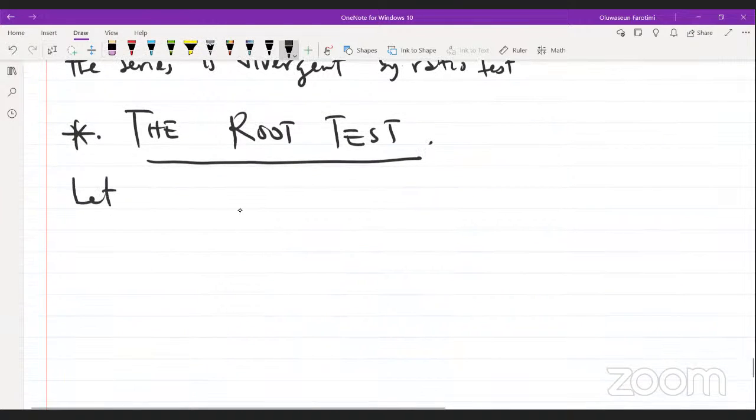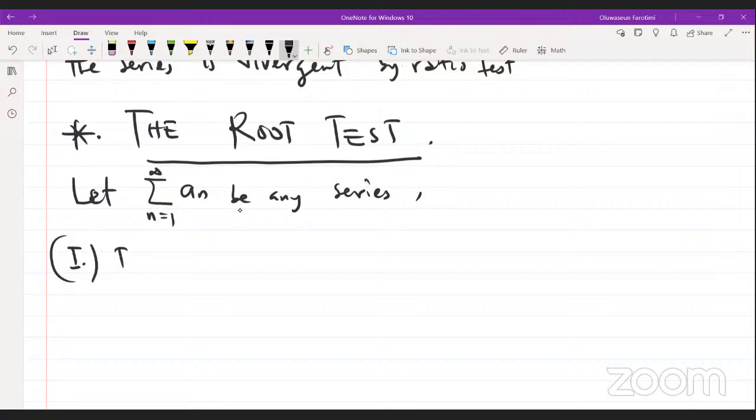Now let's write a statement of the root test. Let this be any given series. The same thing applies with the limit, but in this case, we have a little twist. We have the nth root of the absolute value.